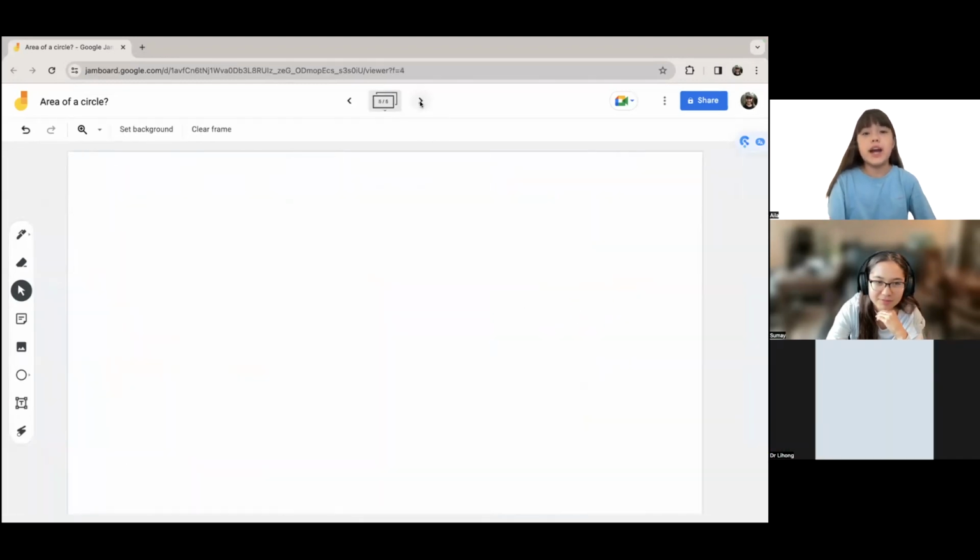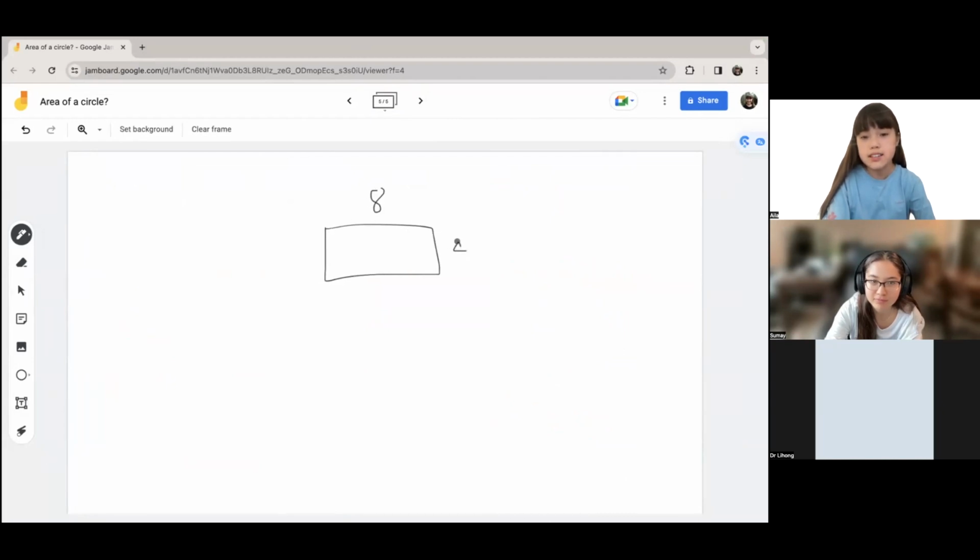Most of us know how to get the area of a square or a rectangle, right? You take the two sides here. Let's say this is 8, and this side is the length of 4.